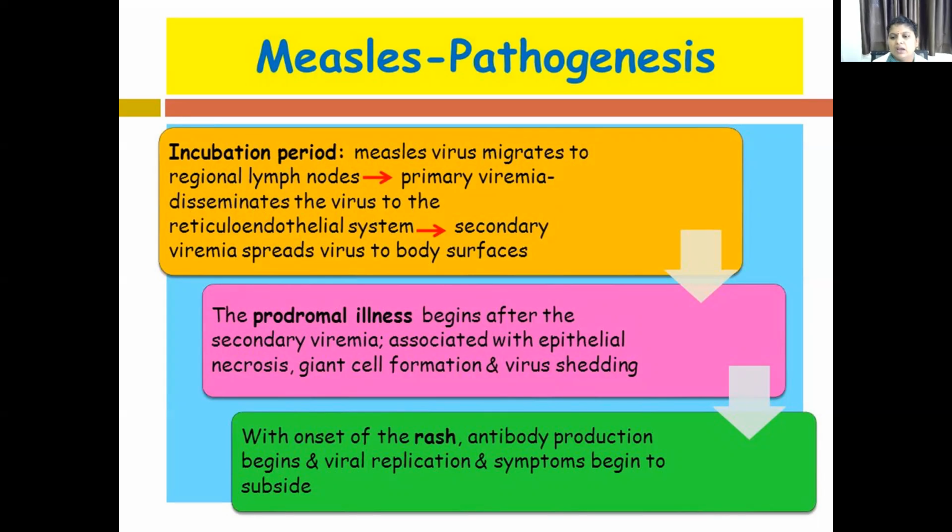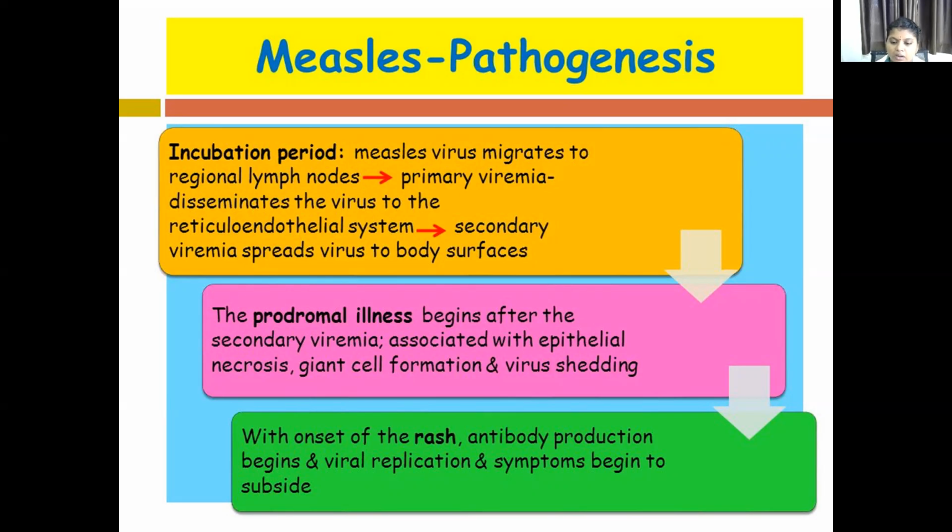At that time only we'll see the clinical manifestations like prodromal illness: fever, malaise, headache, backaches. These are some of the things that can be seen. This is usually associated with secondary viremia in distant organs like skin, mouth, and respiratory tract.